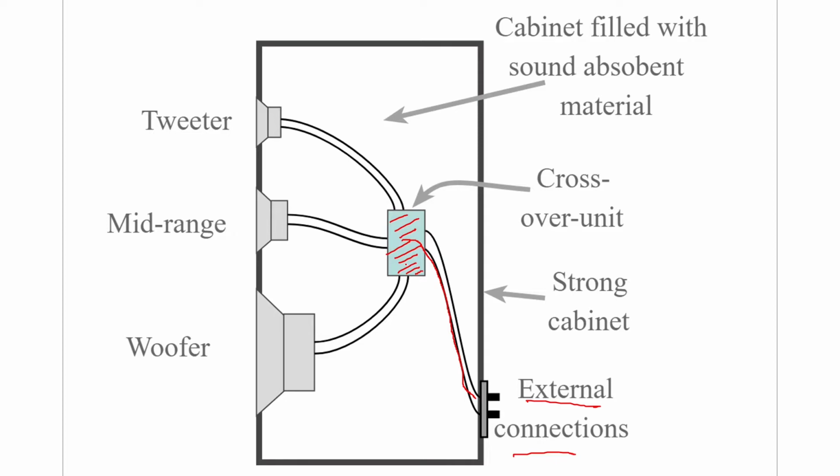So after that, signals of high frequency will go to the tweeter, signals of middle frequency go to the mid range, and signals of low frequency go to the woofer.